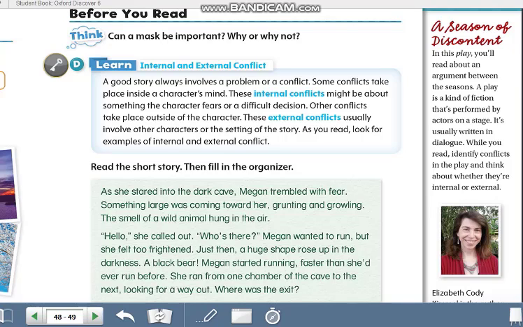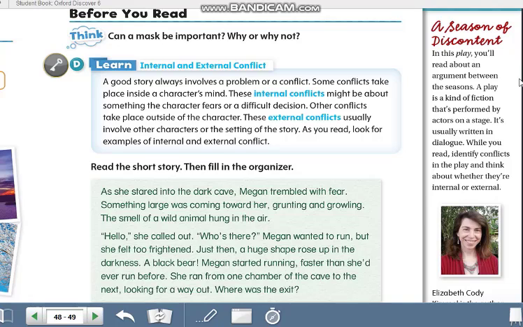In this part, Season of Discontent. In this play, you'll read about an argument between the seasons. A play is a kind of fiction that's performed by actors on stage. It's usually written in dialogue.